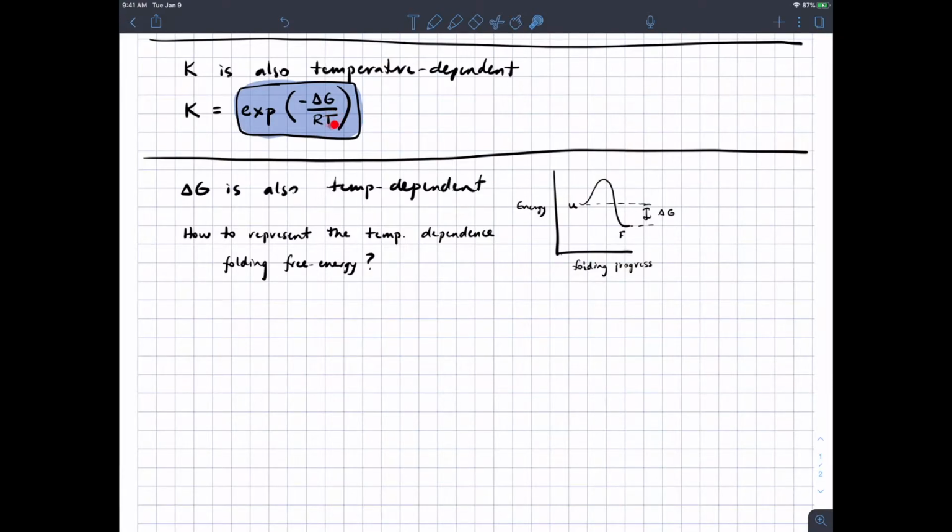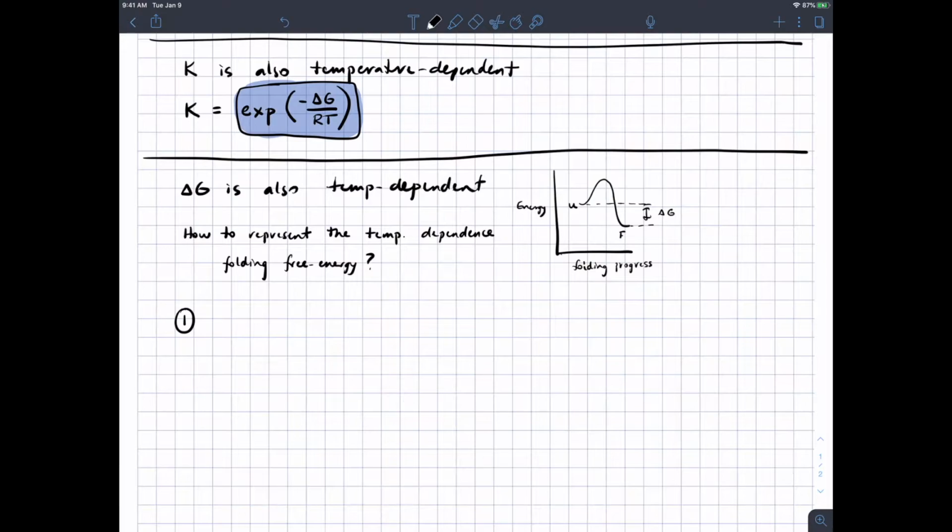You have a temperature here in the denominator of this expression that's inside the exponential. But delta G itself is also temperature dependent. And remember that delta G refers to this difference in free energy between the unfolded and the folded conformations or ensembles. So we're going to describe the temperature dependence of folding free energy in a couple of different ways.